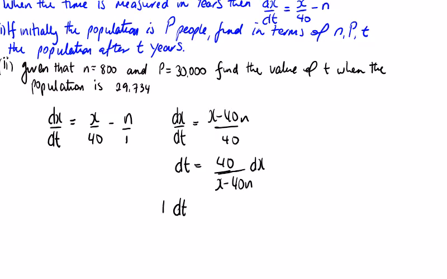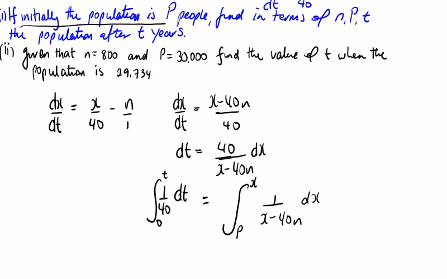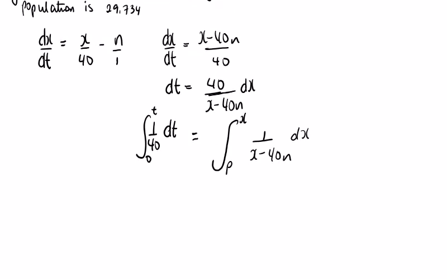So 1 over 40 dt, if we integrate that between t and 0, and we integrate the right hand side between the initial population, which was p, and x, of 1 over (x minus 40n) dx. We should be able to simplify this down. So we're going to get 1 over 40 t between t and 0, which is just going to give me t over 40.